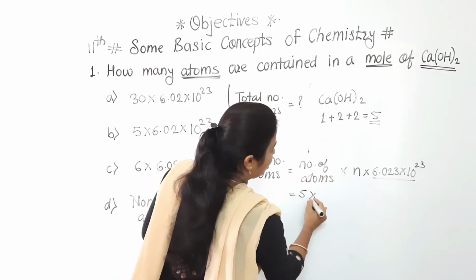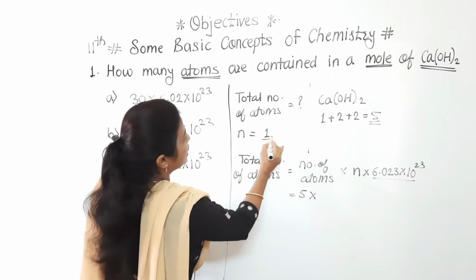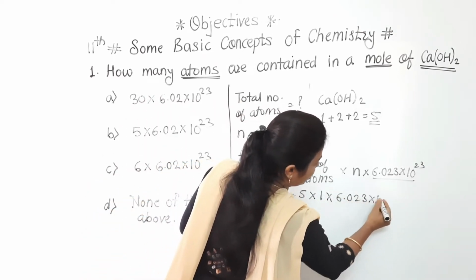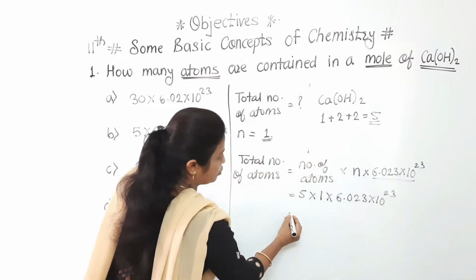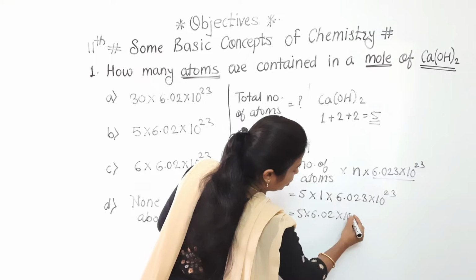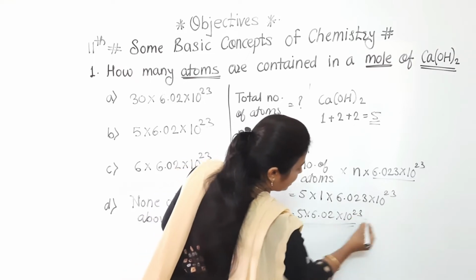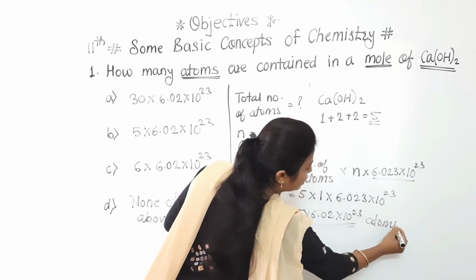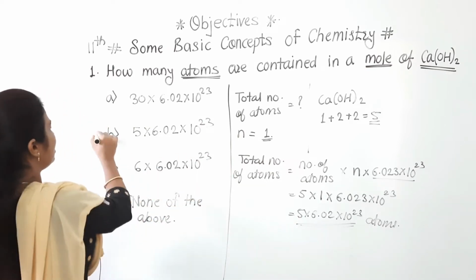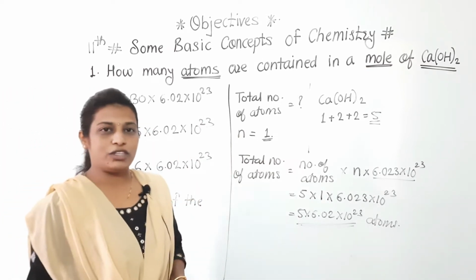So 5 into number of moles, how much they have given? They have given 1. So 1 into 6.023 into 10 raised to 23. So finally we can say that 5 into 6.02 into 10 raised to 23 atoms will be there in 1 mole of calcium hydroxide. Which option is there? Option B is the answer of this question.